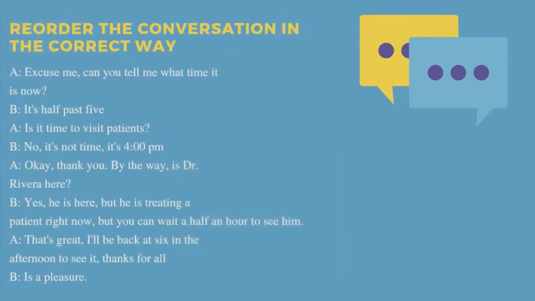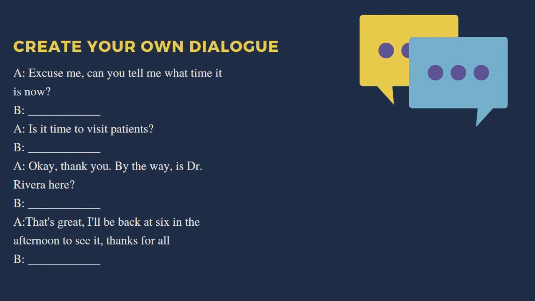Now, let's pass to the next activity. Okay guys, now it says create your own dialogue and it's about the following. Lo que tienen que hacer es que ahora ya leímos cómo es la conversación. Ahora quiero que ustedes creen su propia conversación.